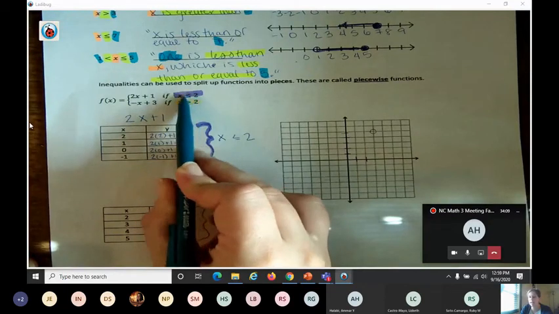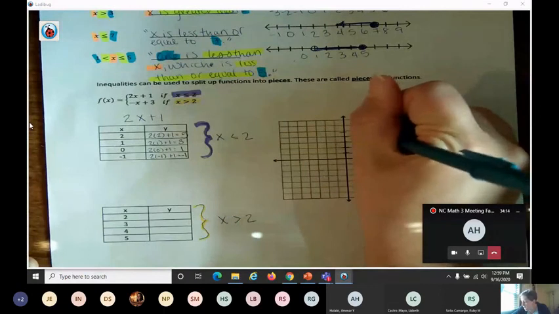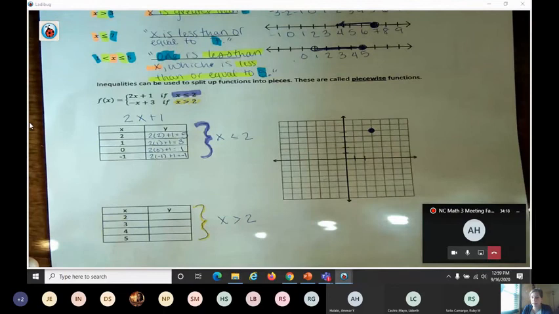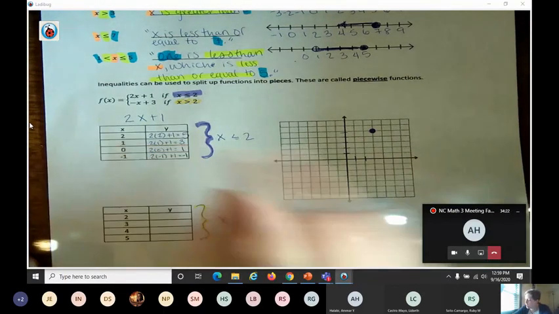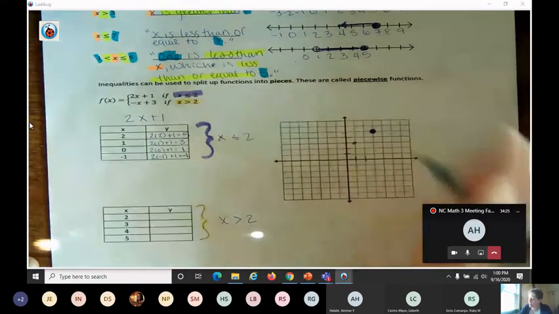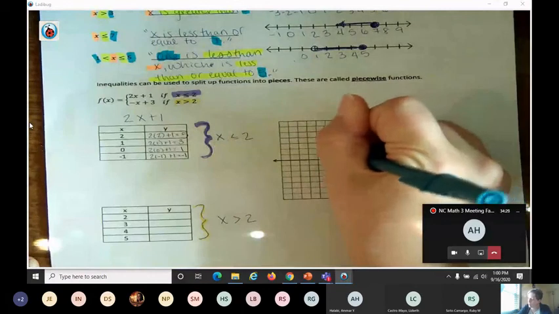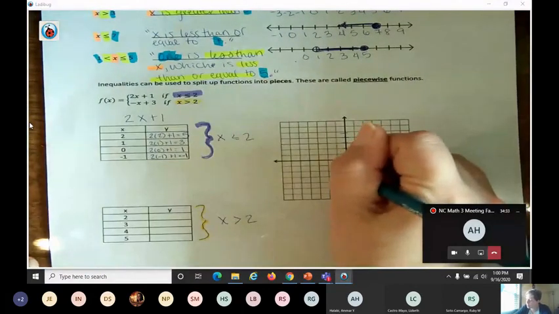Because I have a less than or equal to sign here, I know that this particular point has to have a closed circle. Okay? I'm going to plot my next point, which is (1, 3). Then (0, 1). Then (-1, -1). Is that right? Yes.